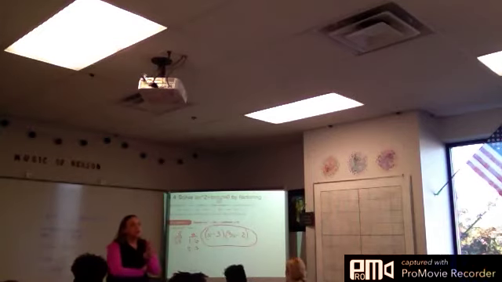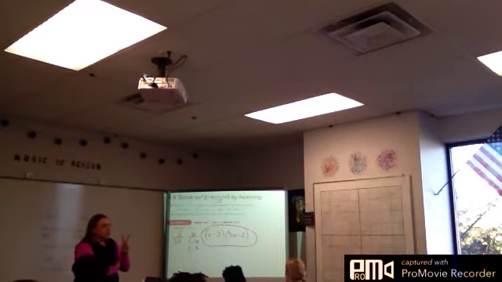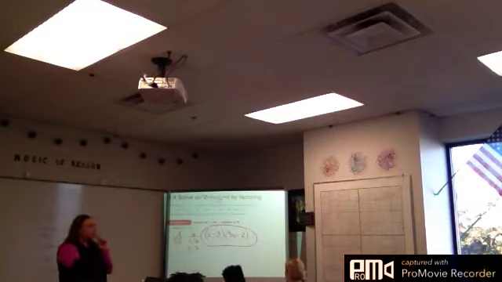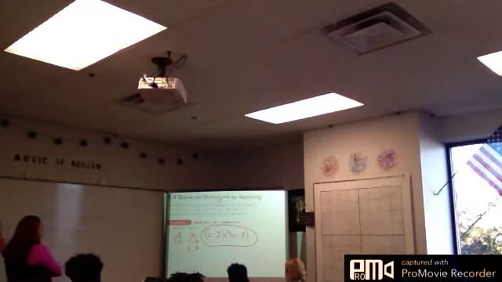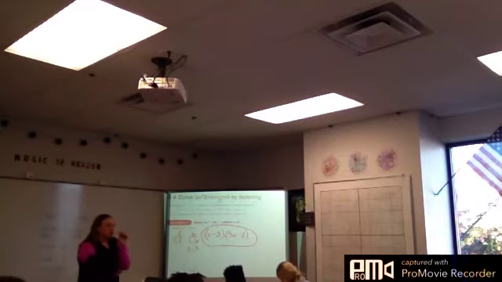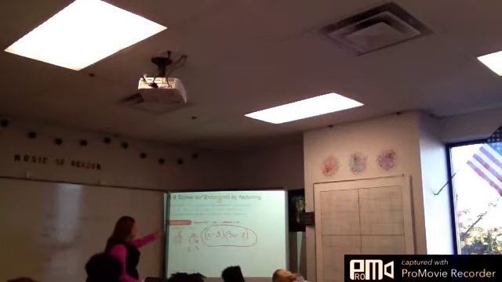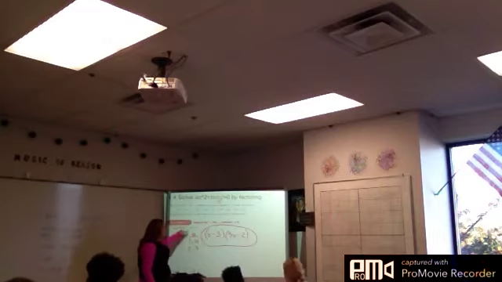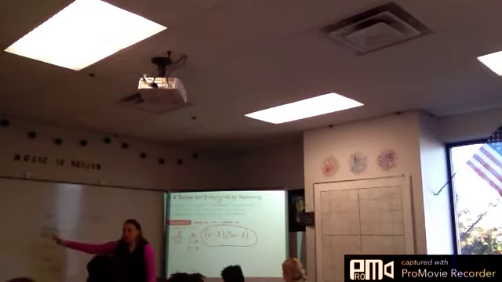Good news is this. We learned 2 types of special equations yesterday. What were they? Difference of squares and perfect square trinomial. So if I look at the beginning again, if this and this number are both perfect squares, I can still apply this rule to it and not have to do math.